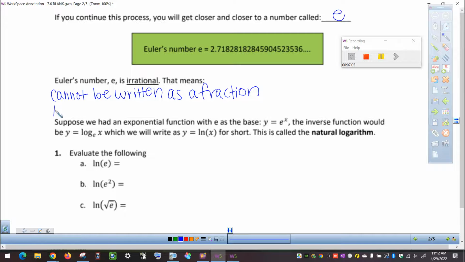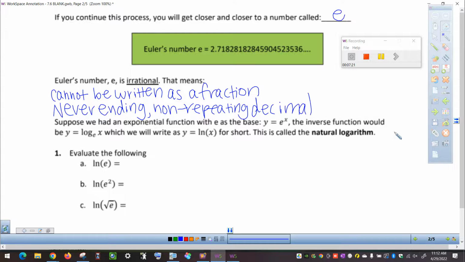And it is a never-ending, non-repeating decimal. A number that we could compare this to is the number pi.